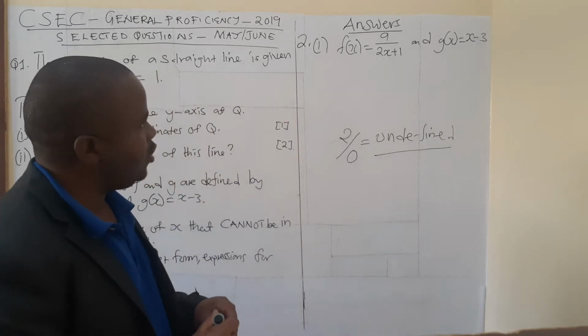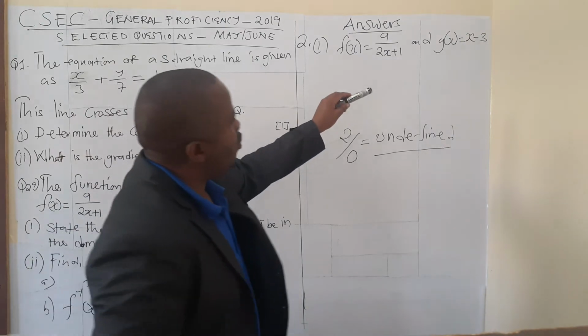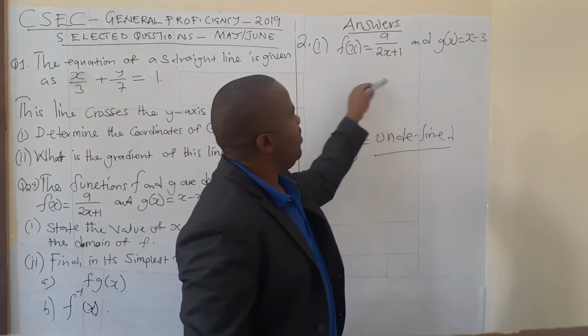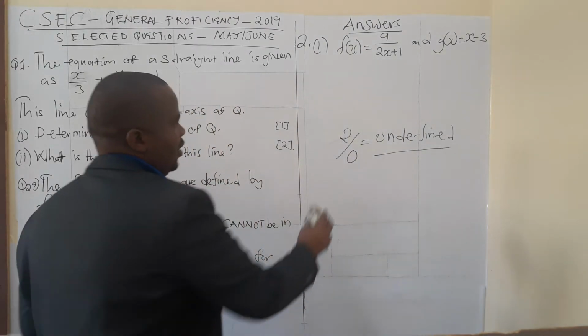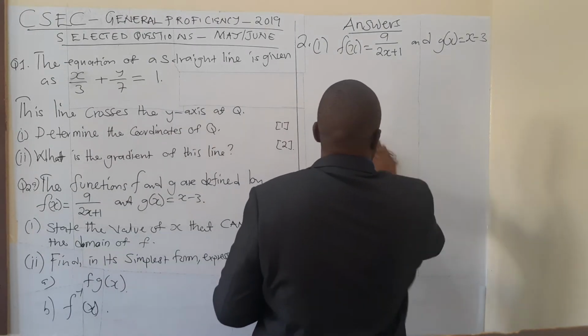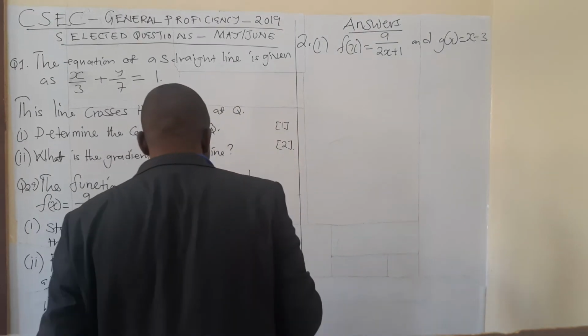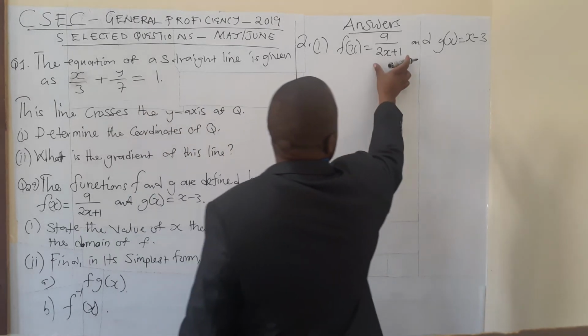So what are we trying to do? We are trying to ensure that the denominator here becomes 0, so that the function is undefined. So we equate the denominator to 0.